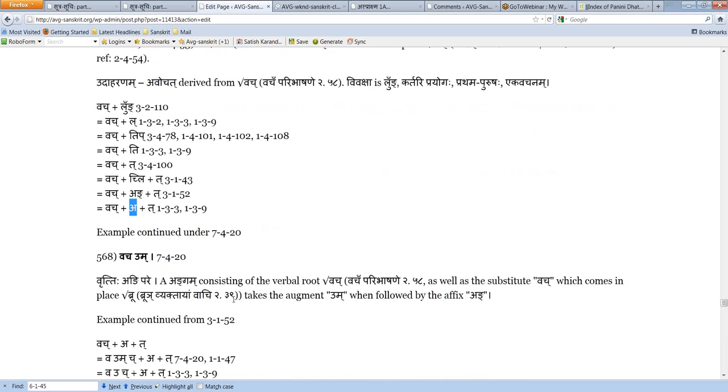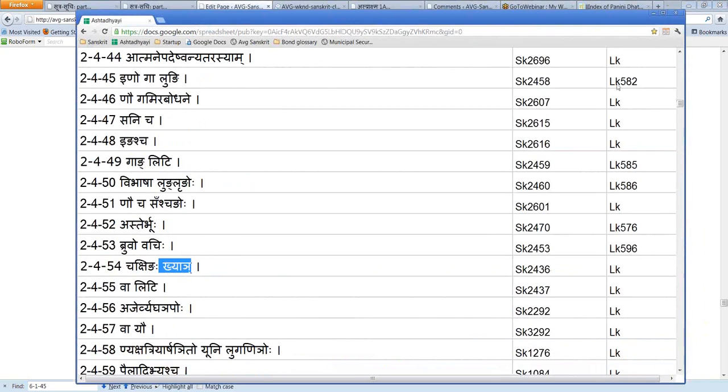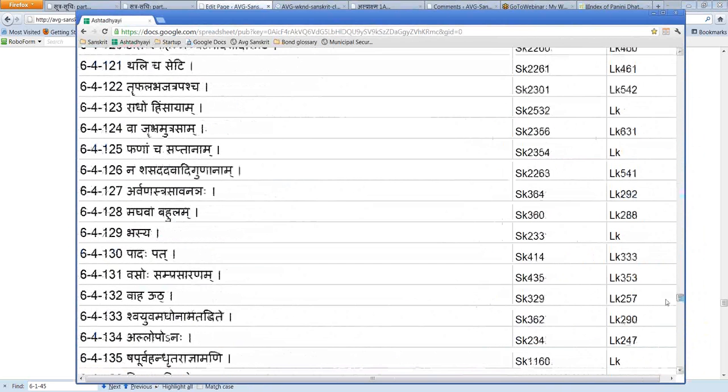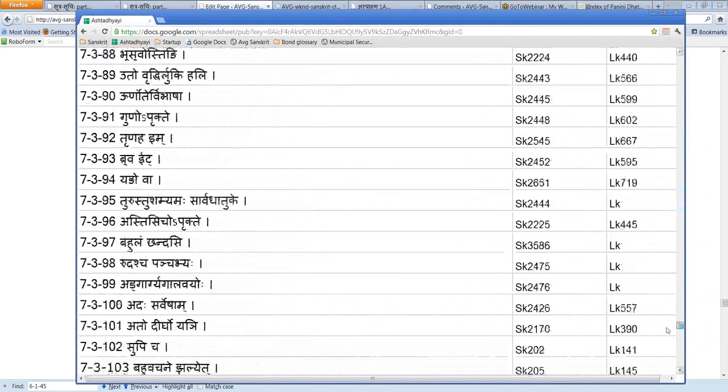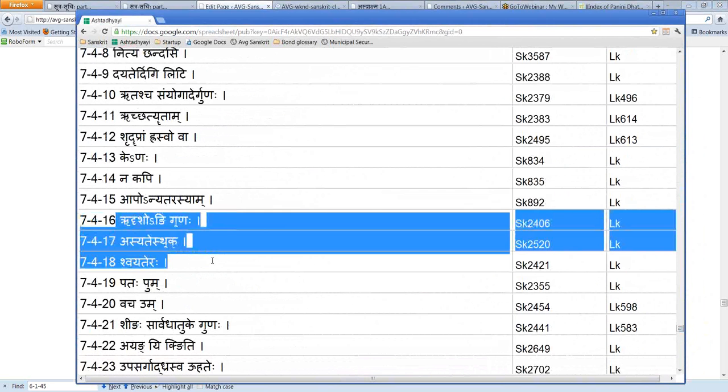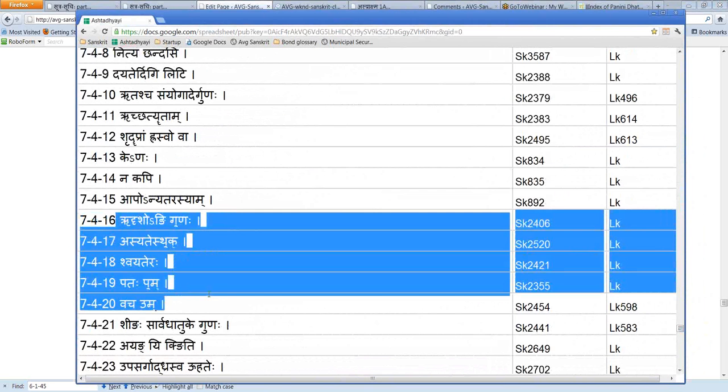Now a special rule comes which says vacha. When we get the ang substitution, the good news is that there is no problem of idagamaha, no problem about gunavriddhi, no problem about sichibuddhi prasyapadeshu, but we do have this panchasutri, a set of 5 rules specifically for an angam which precedes the ang. From this: ru drishungi gunaha, asyate sthuk, shvayate raha, pataha pum, and vacha.